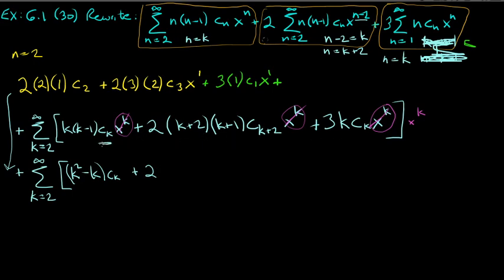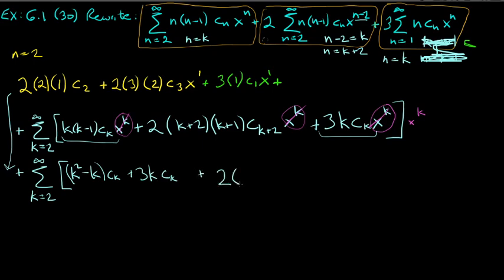So here's the ck, and here's another ck. So let's combine the first and the third terms, right? So that's this down here. Now let's combine that with this, right? So this is going to be plus 3k times ck, right? And so that's what we can expand out here.